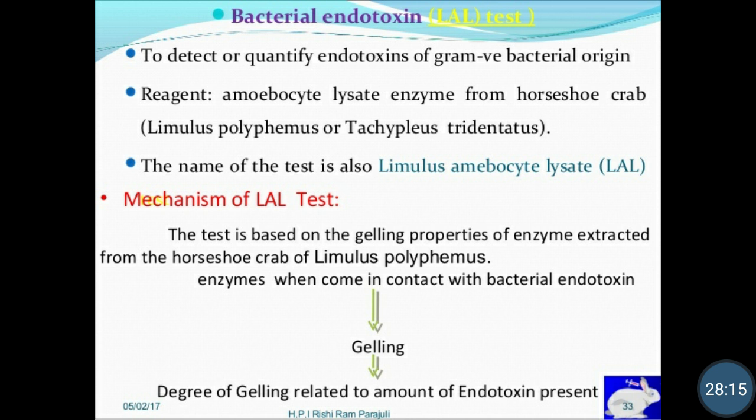The next test is the reagent test or the bacterial endotoxin test, or we can say it as a LAL test, that is Limulus amoebocyte lysate test. In this test, we detect or quantify the endotoxins of gram negative bacteria origin.